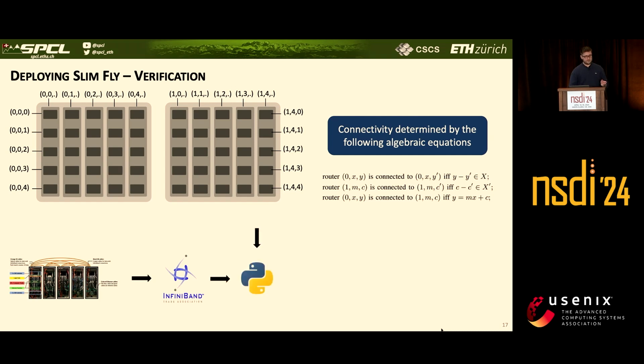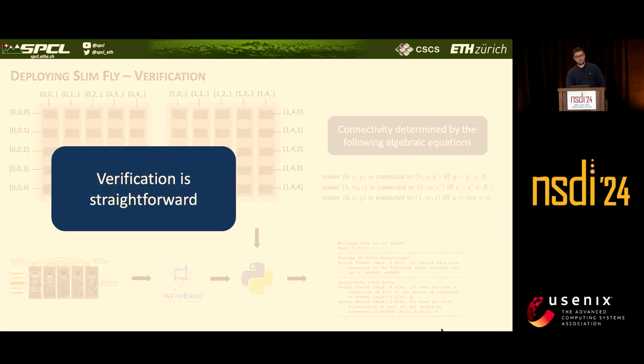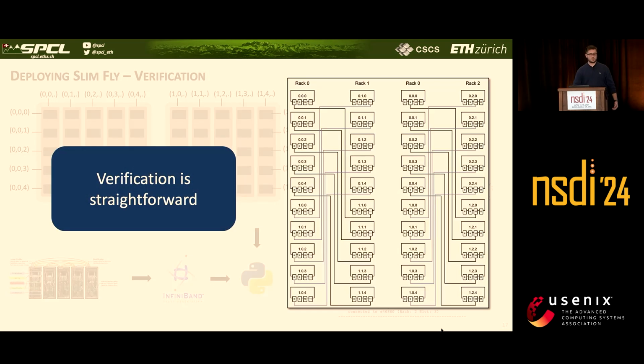And running a simple Python script with this automatically generated design based on this algebraic structure, you can get a fully comprehensive report of what connections are still missing, what connections are incorrectly wired, and what mistakes or maybe broken wires are in the cluster, right? And that makes deploying this very, very effective and quick, because you can detect errors before you actually start running stuff. But also, generally, with this algebraic structure, I want to show how we did this.